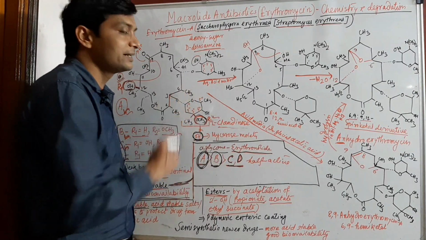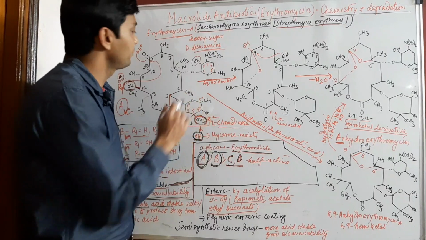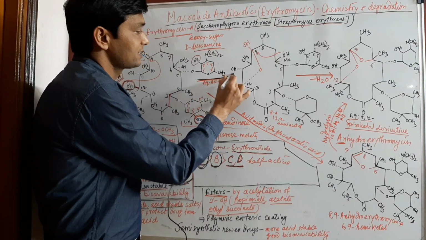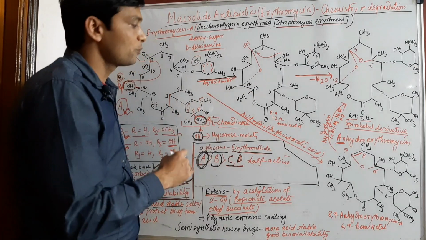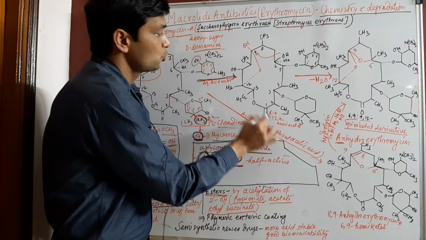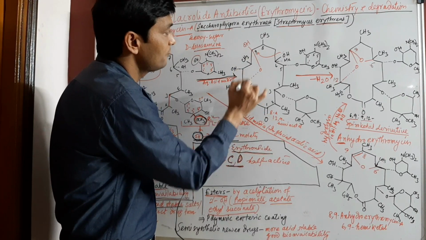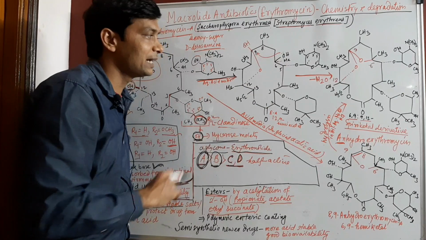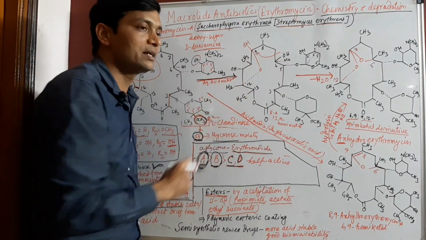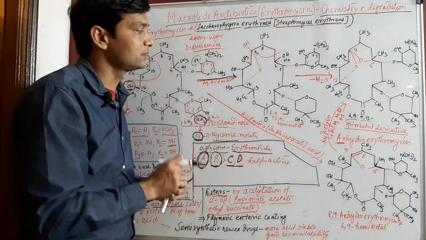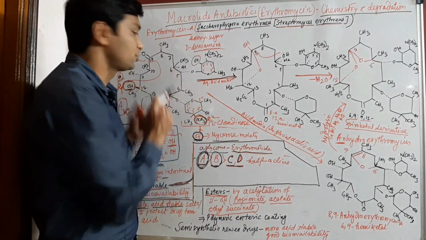Now, the acid degradation pathway of erythromycin. In aqueous acidic medium, erythromycin forms erythromycin A 12,9-hemiacetal, and this hemiacetal is formed by intramolecular cyclization of erythromycin.